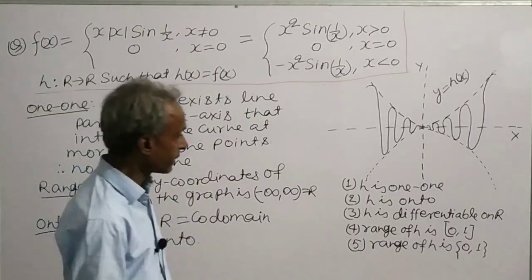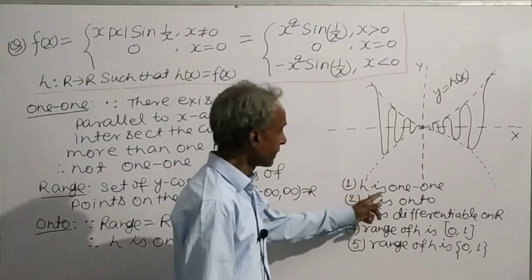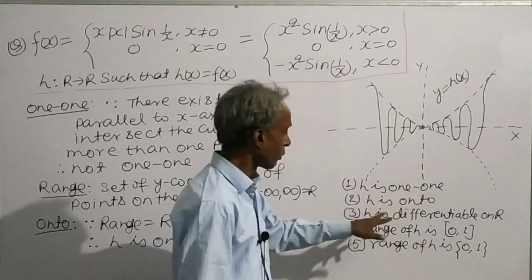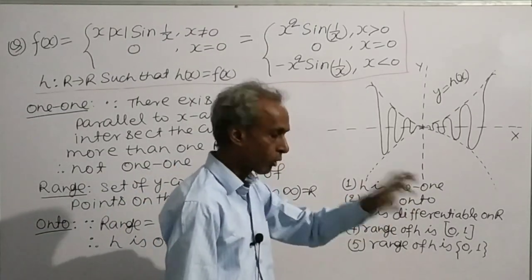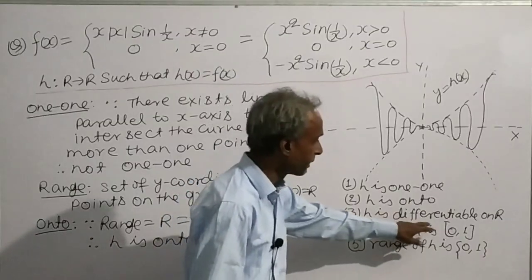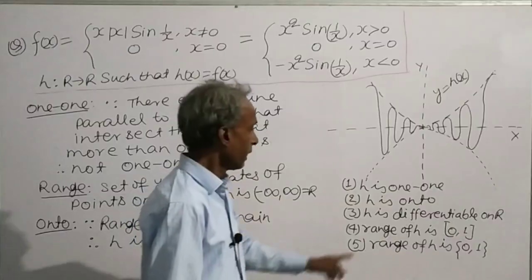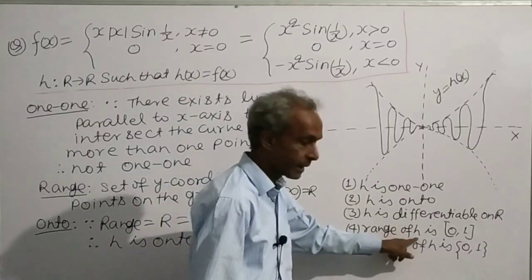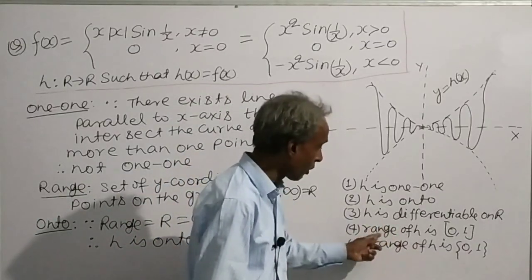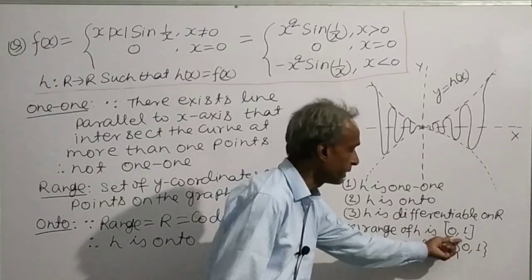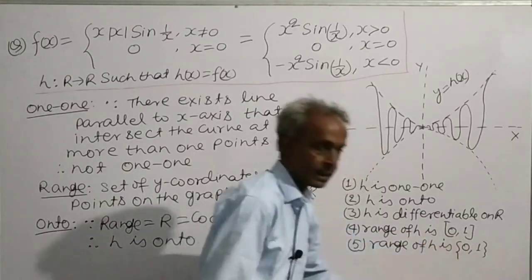Then we have to check whether h is 1-1 or not, h is onto or not, h is differentiable on R or not. Range of h. What is the range of h? This interval or this set?